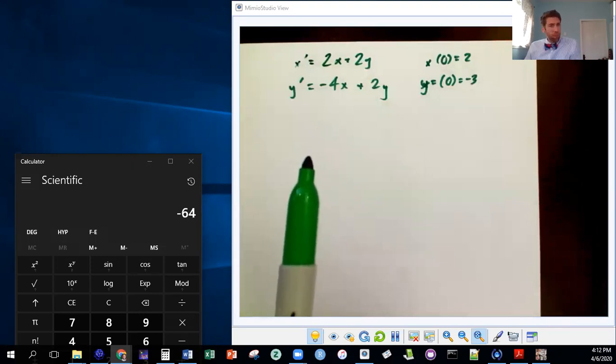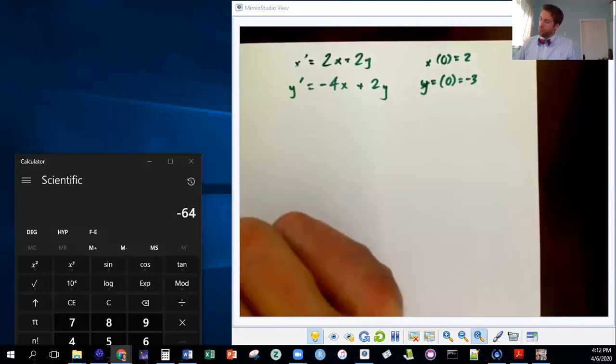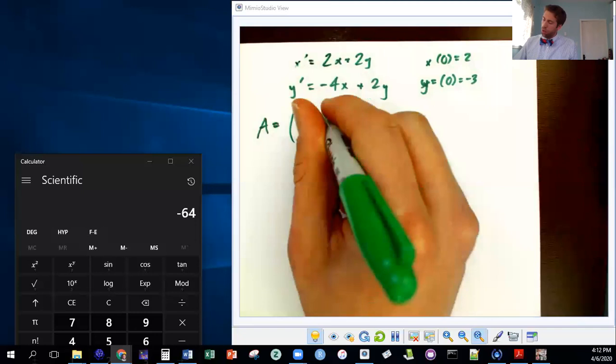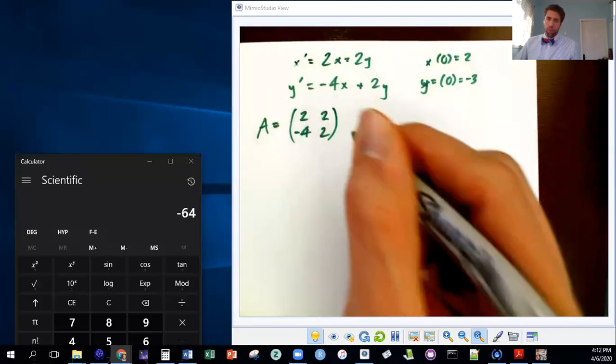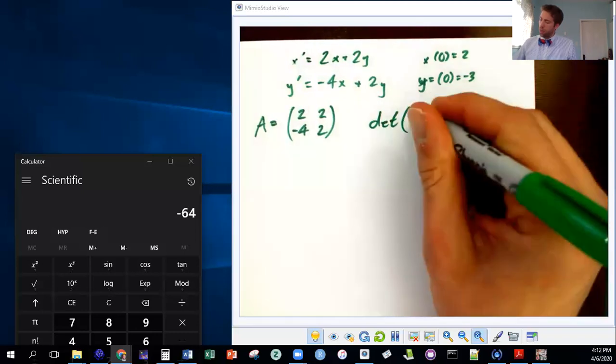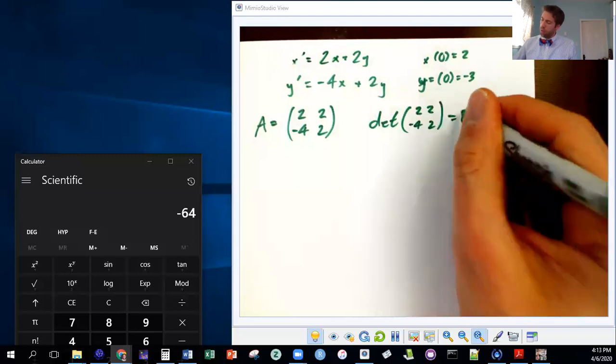And so notice it's not in the nice format, so we need to work it out algebraically. Let's begin. A is [2, 2; -4, 2], right? So for eigenvalues, the determinant of A minus lambda I equals 0.